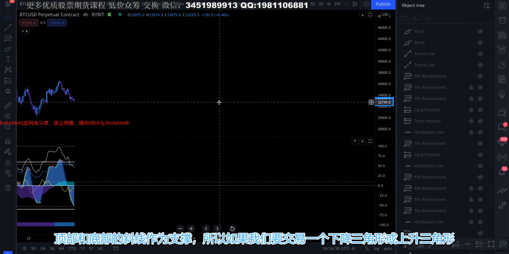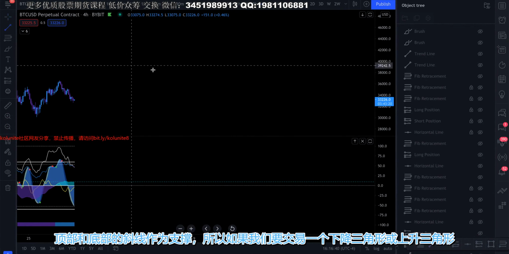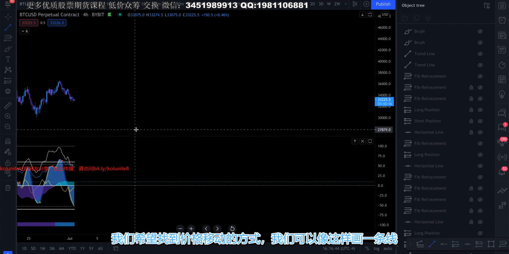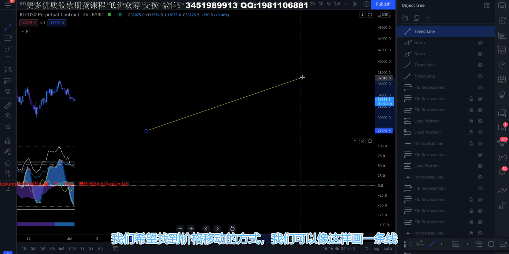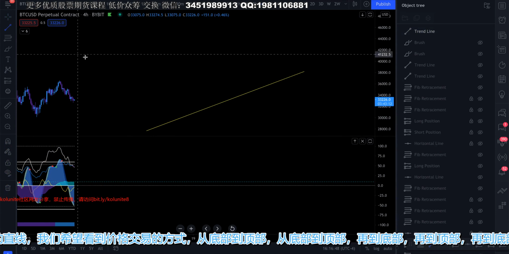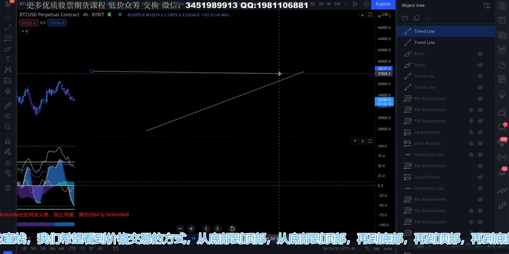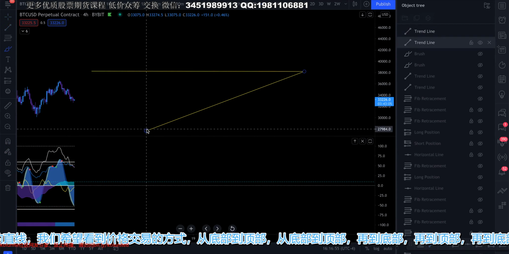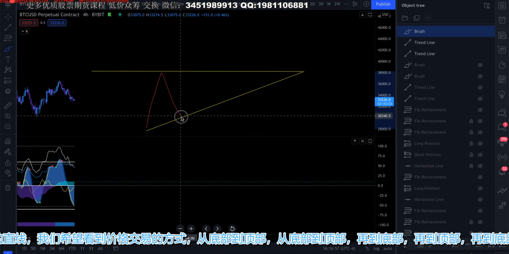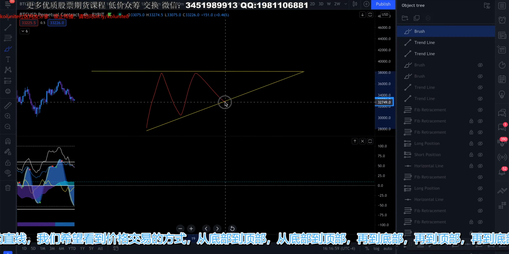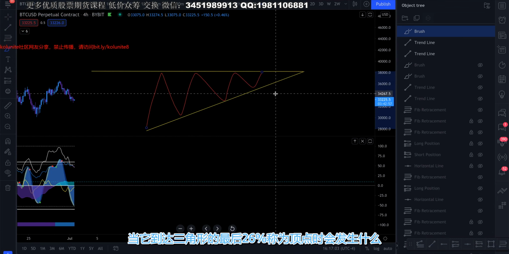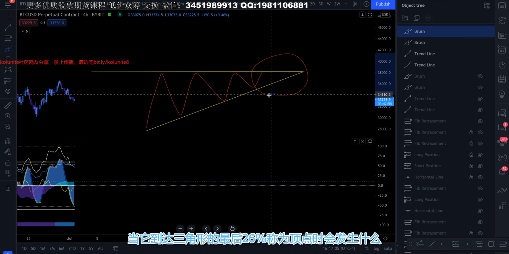We would want to see price trading from the bottom to the top, back and forth, and what happens when it gets to the last 26% of that triangle, called the apex?